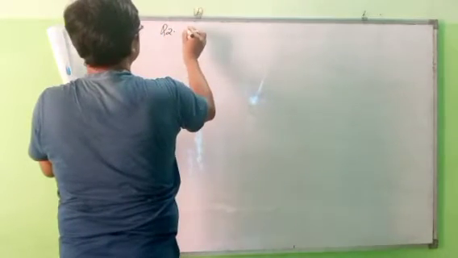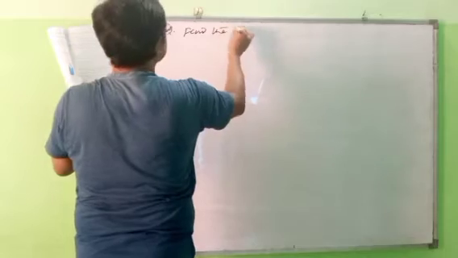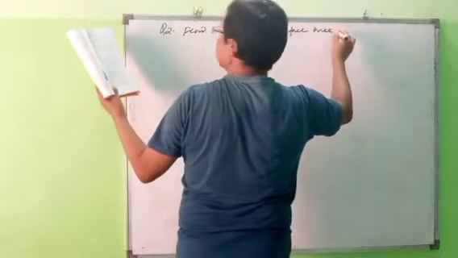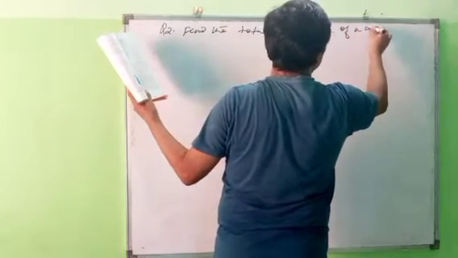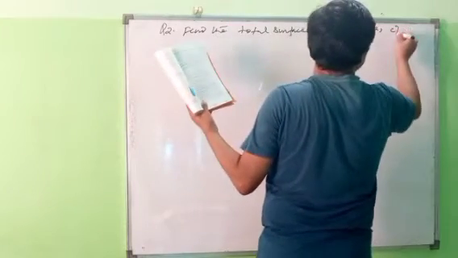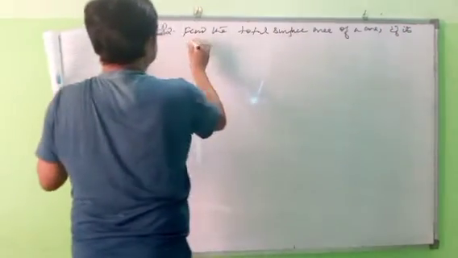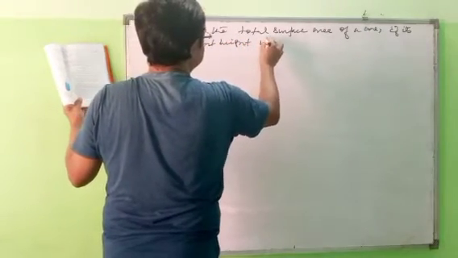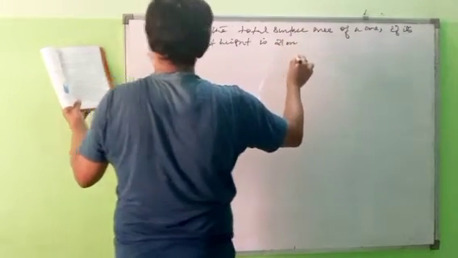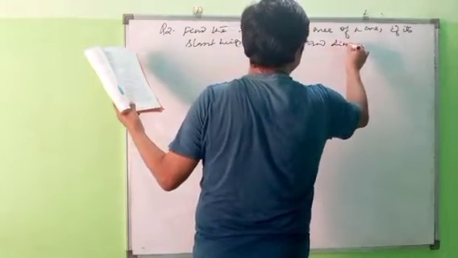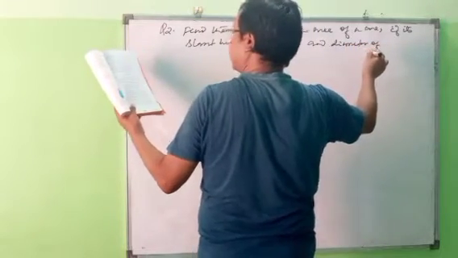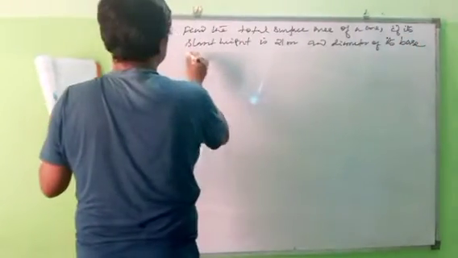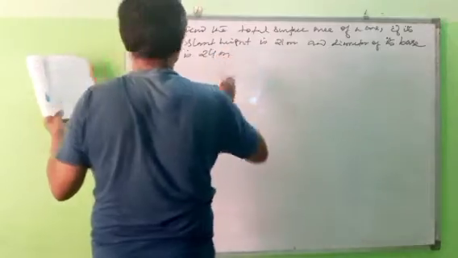Question number 2. Find the total surface area of a cone, if its slant height is 21 meter and the diameter of its base is 24 meter.